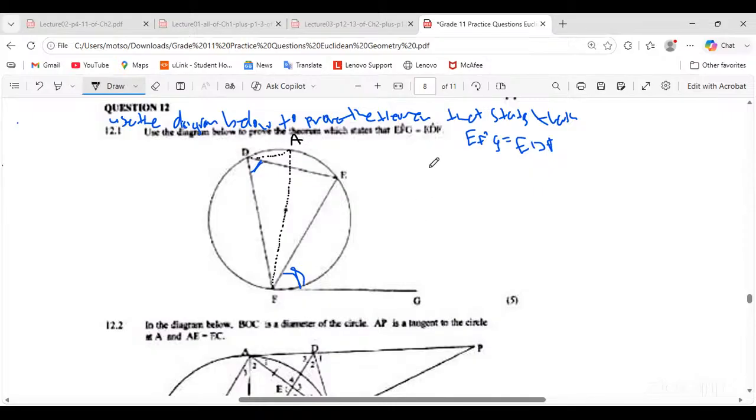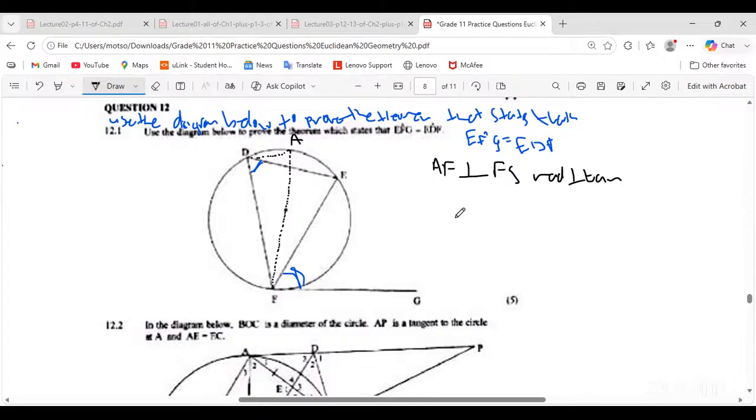Now, we know that AF, the diameter, is perpendicular to FG, reason being the radius is perpendicular to the tangent. So that is a statement and the reasoning.